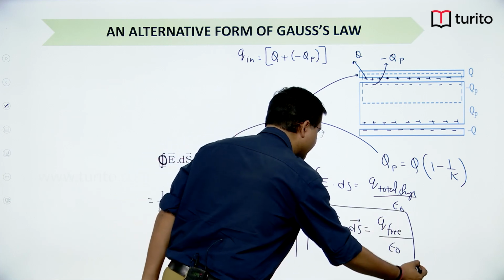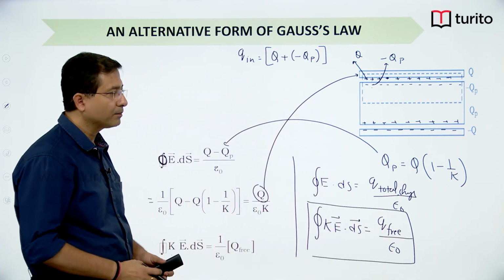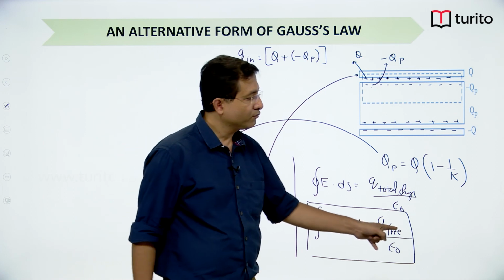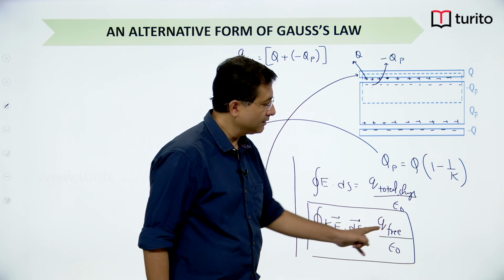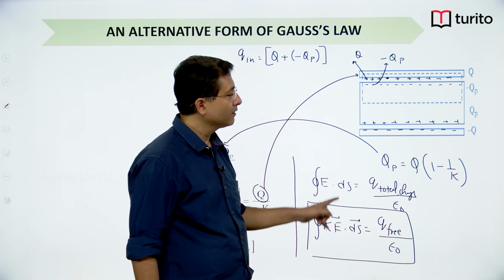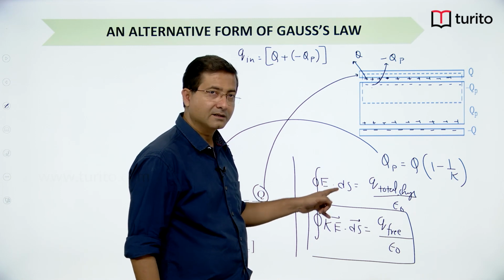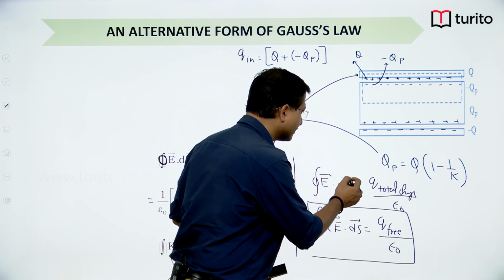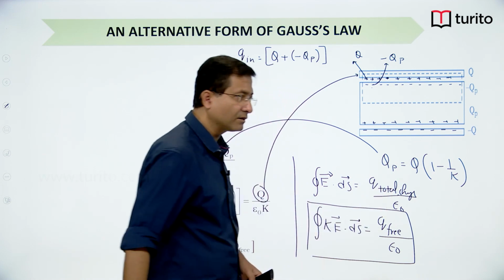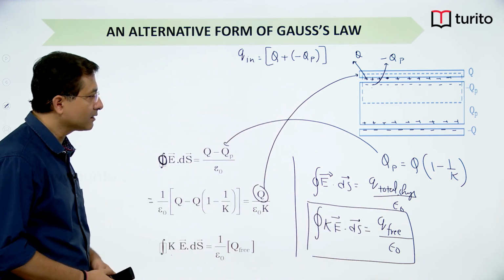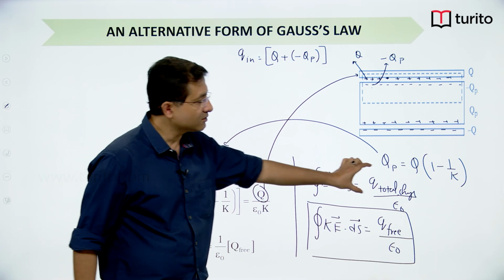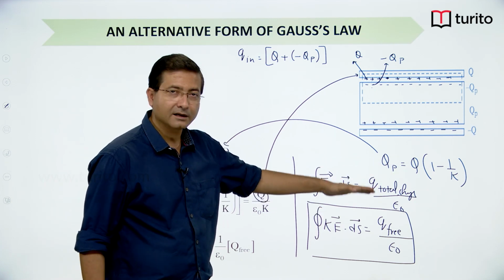So, this is called alternative form of Gauss law, but we need to substitute free charge here, then this will be K times E. If you are just writing E dot ds, then this side you have to write the total charge, whether it is bounded or unbounded, the total charge should be written this side. So, this is called alternative form of Gauss law.